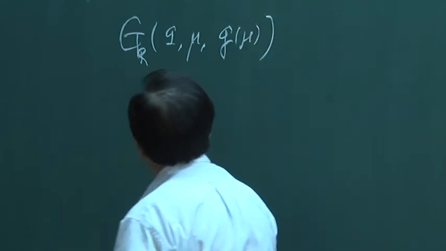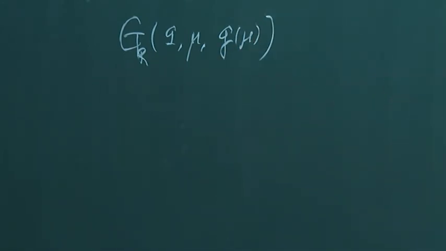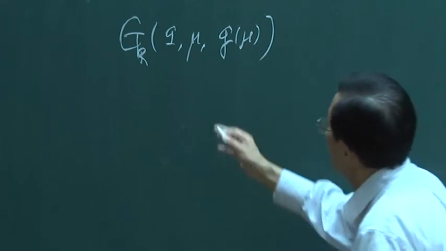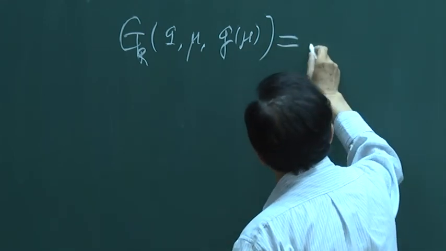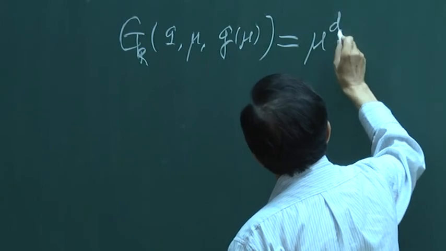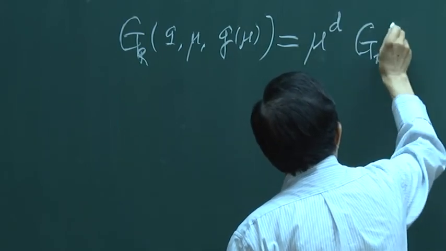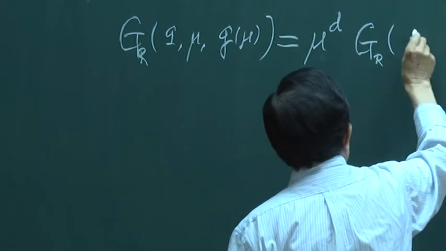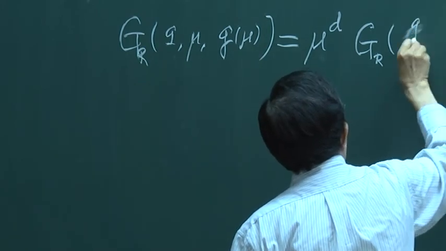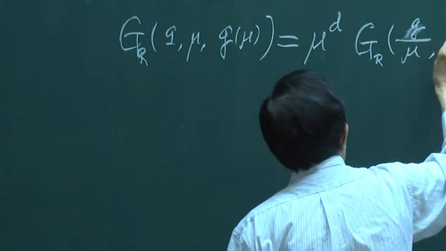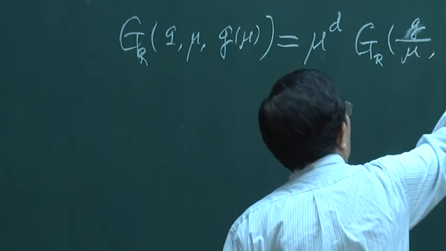Now, by dimensional analysis, you know that this will be roughly something like mu to the power d, and then once you take out this power d, everything will depend on the ratio.